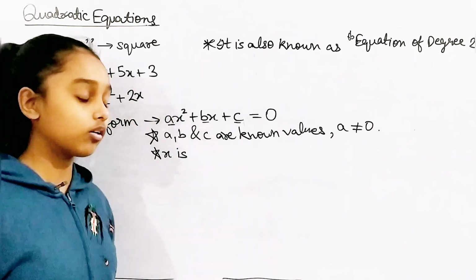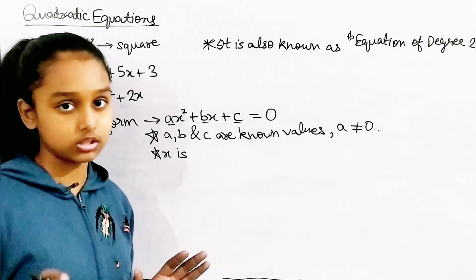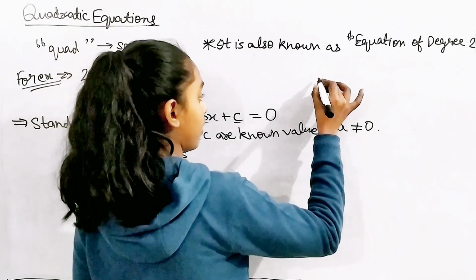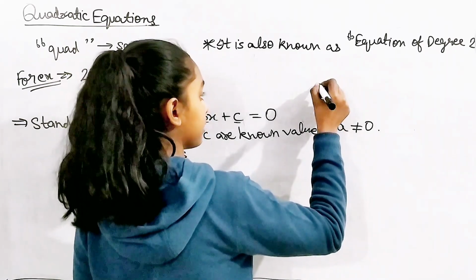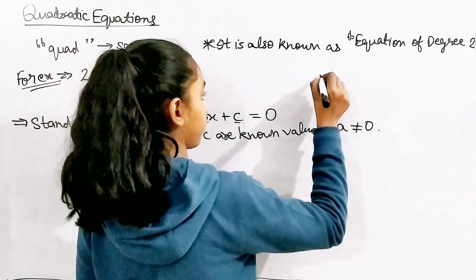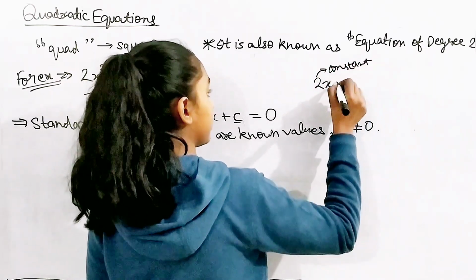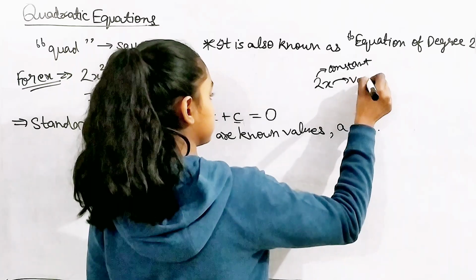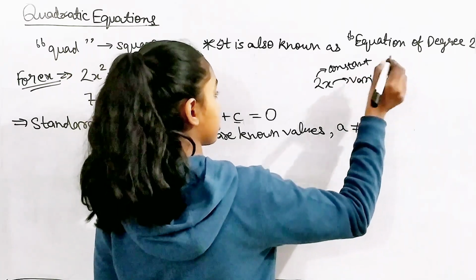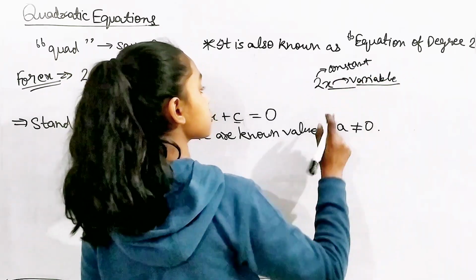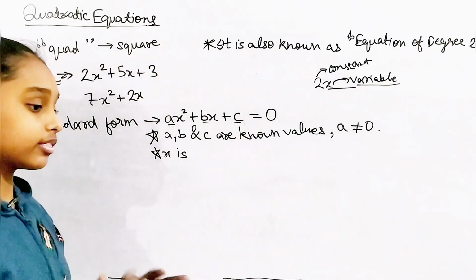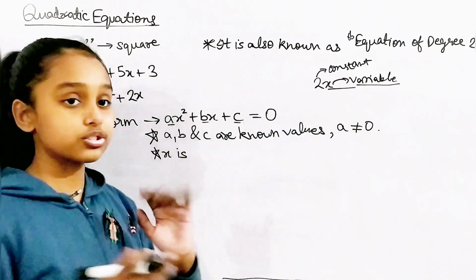As we know, in the equation we have a variable and a constant. This is the constant, and this is the variable. That's why x is a variable for us, or in other ways, x is just an unknown.